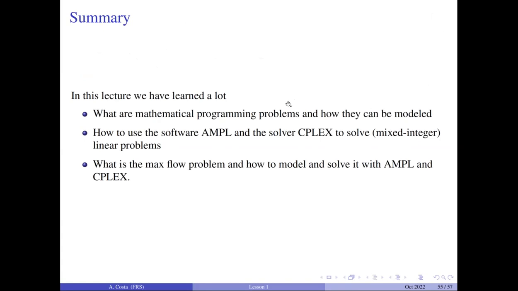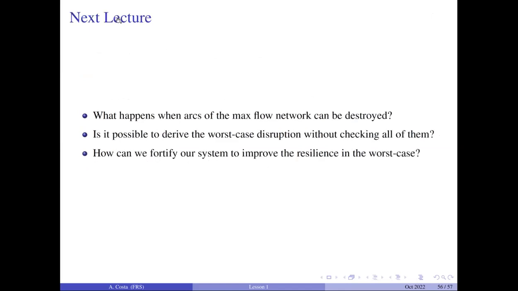So this is what we have learned in this lecture today, and in the next lecture, as I already mentioned, we will be looking at what happens when arcs of the network can be destroyed. In some situations, it can be random disruption, but in this case, we are looking at worst case disruption. Worst case disruption means, for example, you have an enemy, an attacker, a terrorist, whatever, that is destroying your system with the aim to decrease the flow as much as possible.